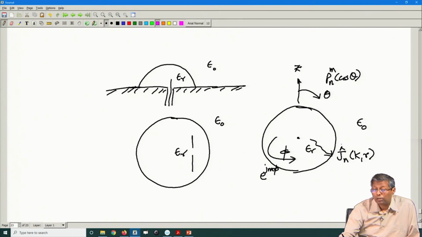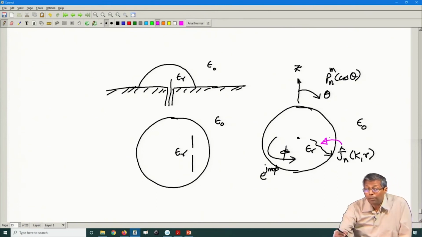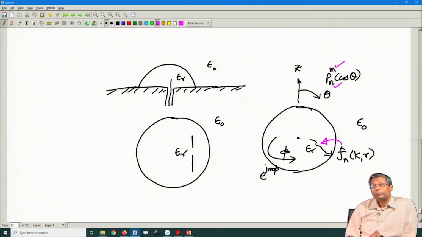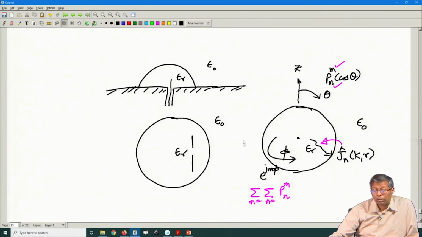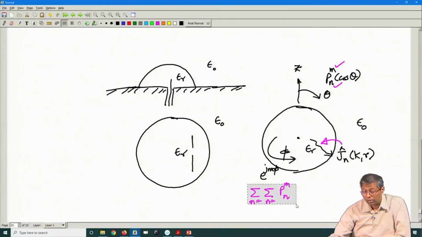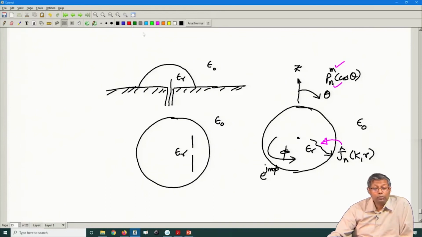That will be its variation here, and we will sum up over m and n.